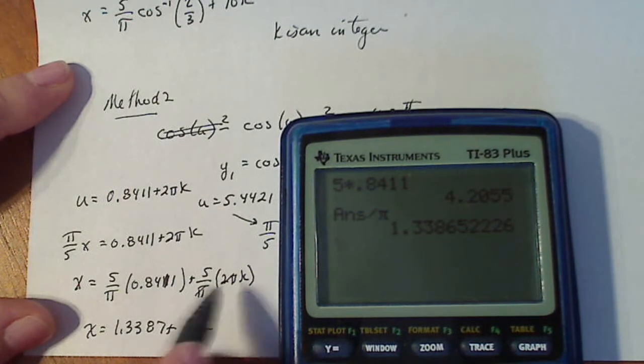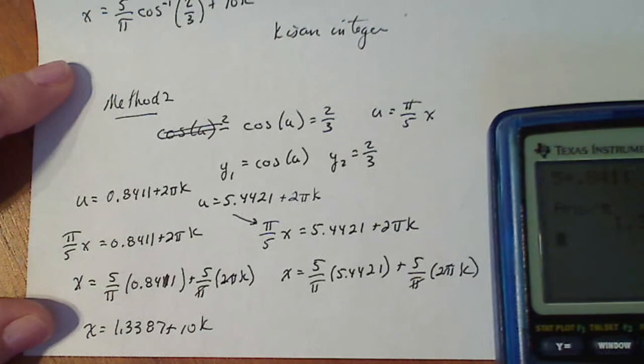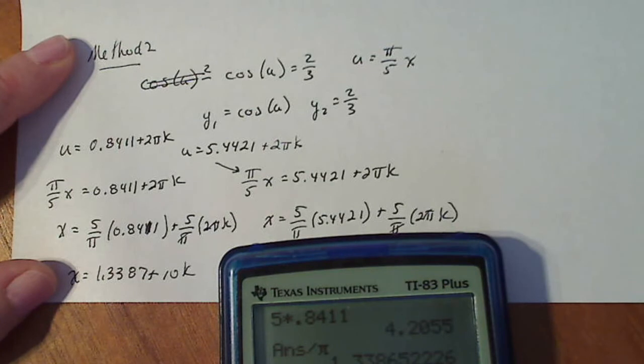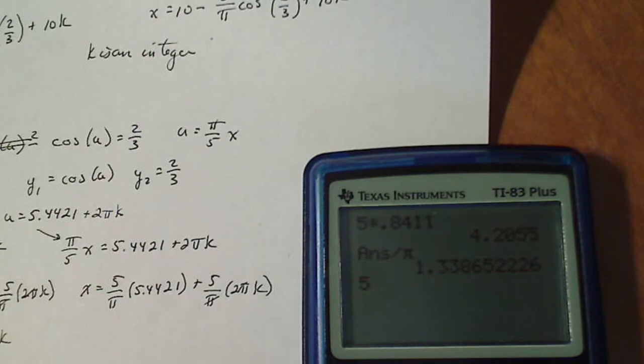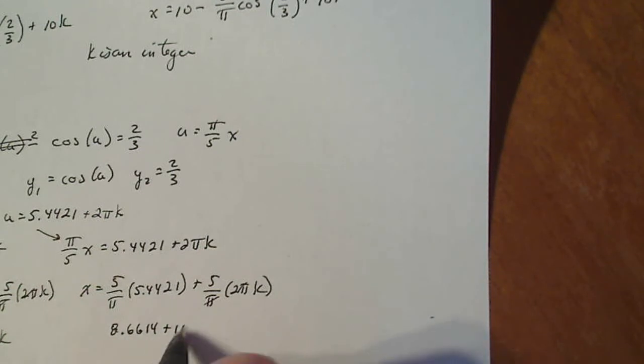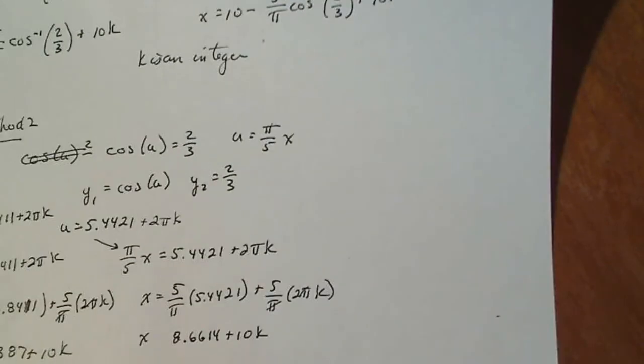That simplifies there to 10k. Now over here to this guy, I'm going to input in my calculator that number. So 5 times 5.4421 divided by pi. So 8.6614. 8.6614 plus 10k. So those are all my possible values of x, where k is an integer in both cases.